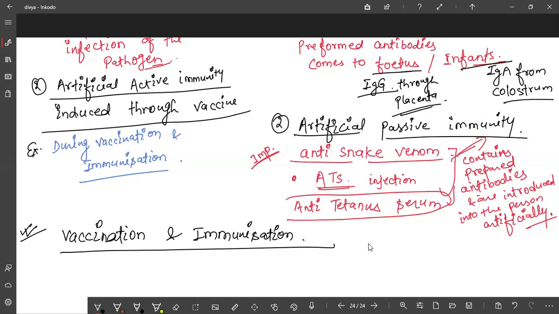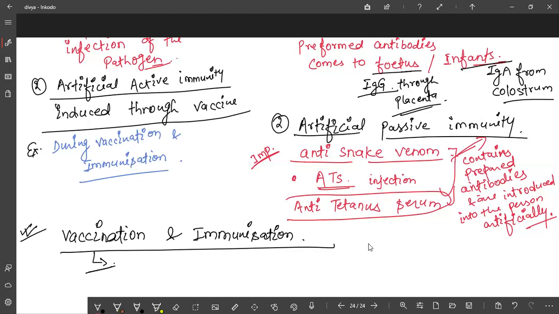Again, our immune system will produce a huge number of antibodies, and that is called the secondary response. It is a fast response. But how? Because your cells have memorized the first encounter. So this vaccination or immunization is basically based on memory based immunity.